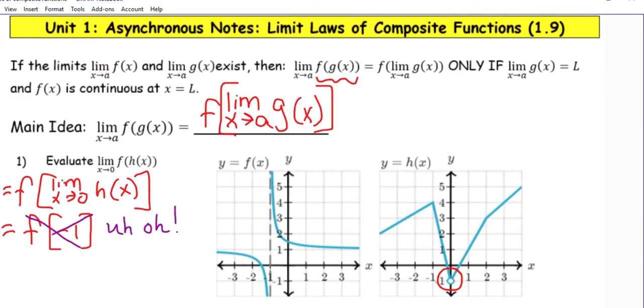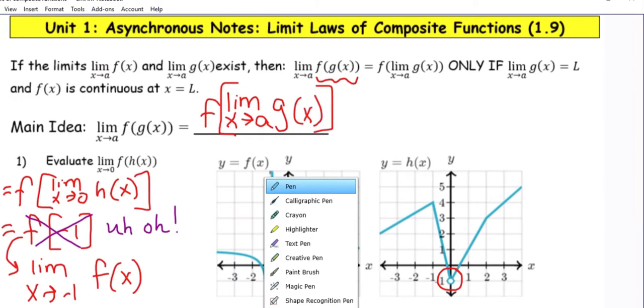Because it's not, we can't do that. We'll write it, but then we'll cross it out. Instead, we will rewrite this line as the limit as x approaches -1 of f of x. So instead of f of -1, we rewrite it as a limit.